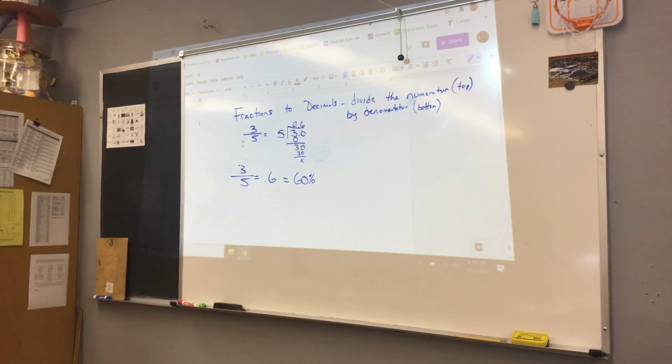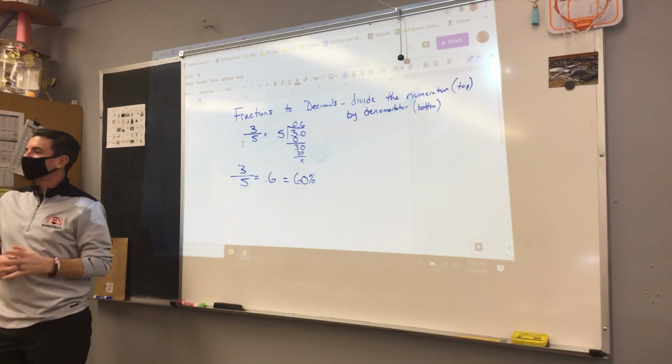So if you score 3 out of 5 on a test, that's 60%. That's probably not good. Now, if you made 3 out of 5 3-pointers, that's good. So it's all relative of what 60% is. Is it good in math? Not so good.